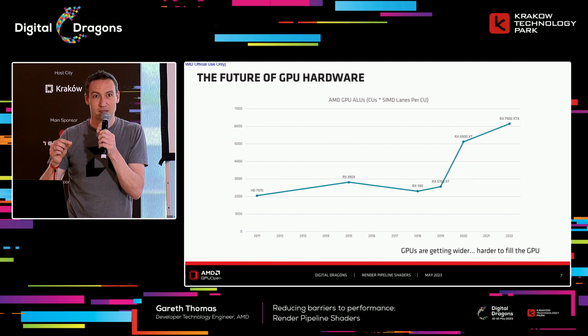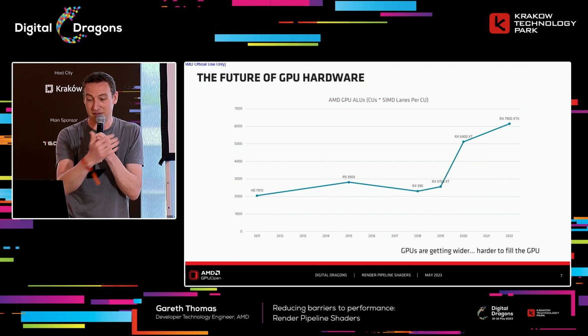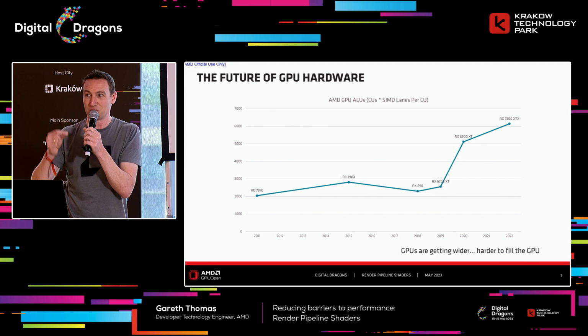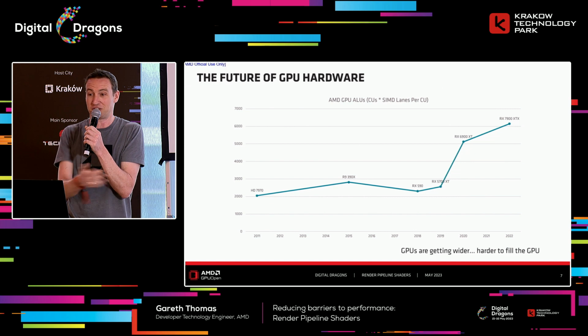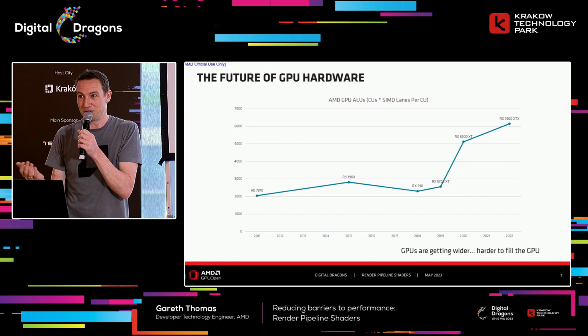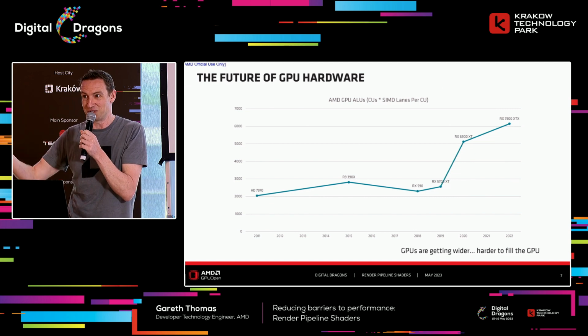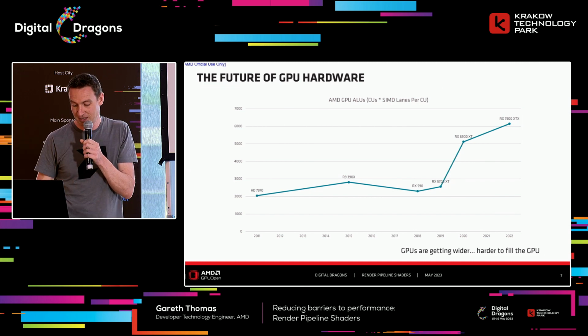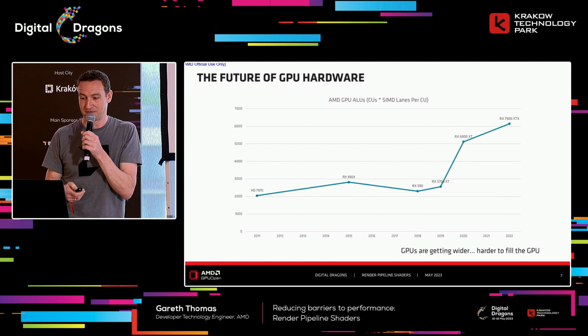So that's great, and you can see the trend here, but it becomes more and more difficult to fill that machine with meaningful work, just as it is with CPU cores. If you've got almost 100 cores on a CPU, it's really hard to fill them with sensible work. So that's the challenge here.